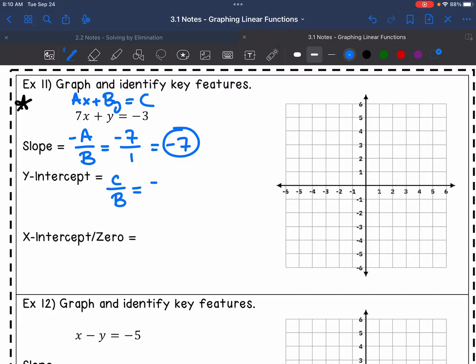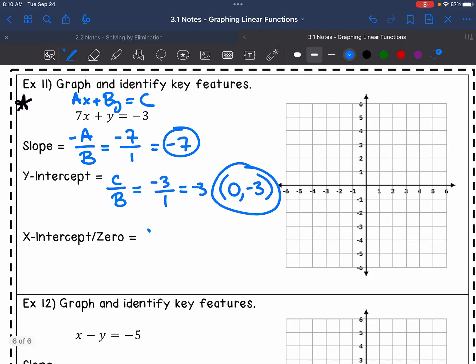So this will be negative 3 over 1, which is negative 3. So that is the point 0, negative 3. And then for our x-intercept, that is c over a. So this will be negative 3 over 7, which is just negative 3/7. So this is the point negative 3/7, comma, 0.